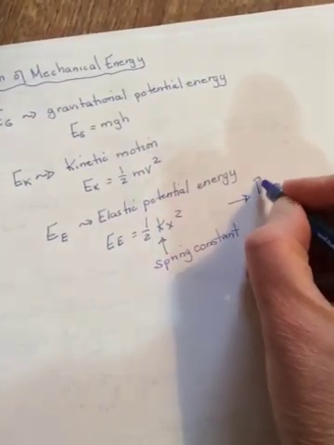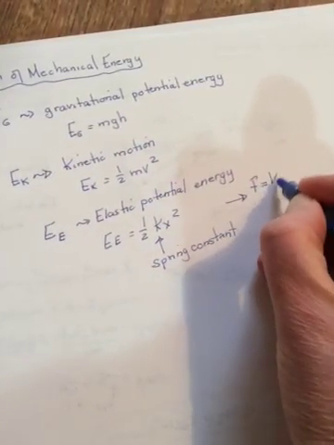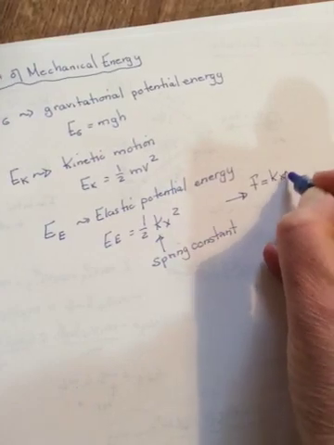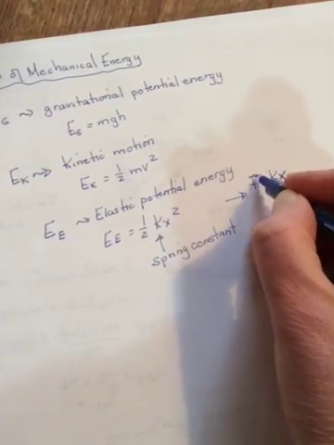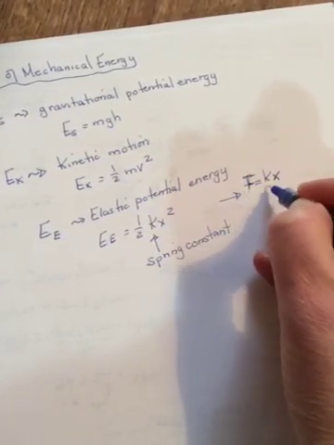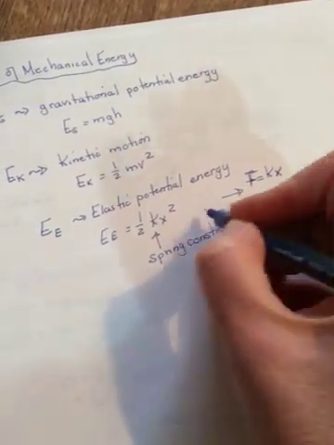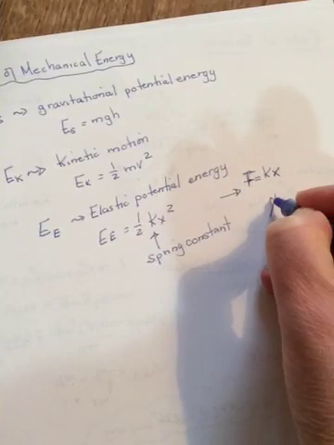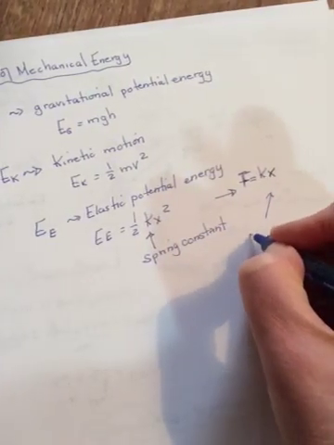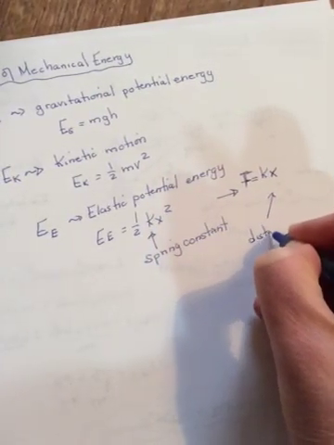Remember, this equation is connected to Hooke's law, F equals kx, where F is the force you have to put on a spring to stretch it, k again is the spring constant, and the x in both of these cases is how much you have stretched or compressed. It's a distance.